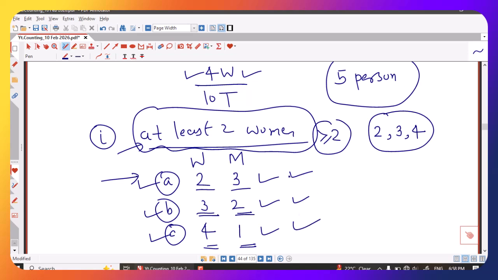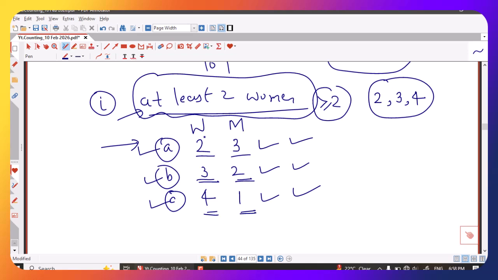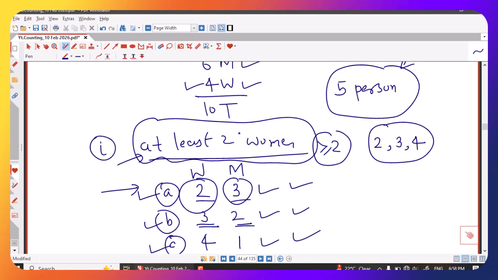So we will find out the number of ways of doing this A, B and C, and then we will add them. Now in how many ways can we select 2 women and 3 men in the committee of 5 persons? We have 4 total women, and we want to select 2 women out of those 4 total women. So that we can do in 4C2 ways.